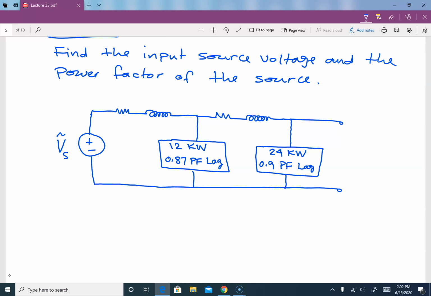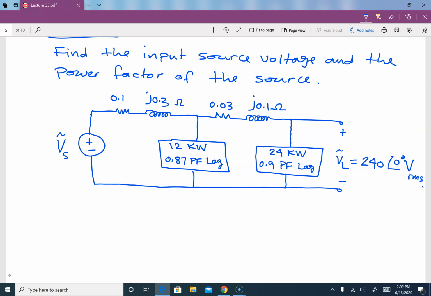The voltage across this load, we call it VL, is 240 with angle 0 volts, given in RMS. The line impedances are 0.03 + j0.1 ohm and 0.1 + j0.3 ohm.